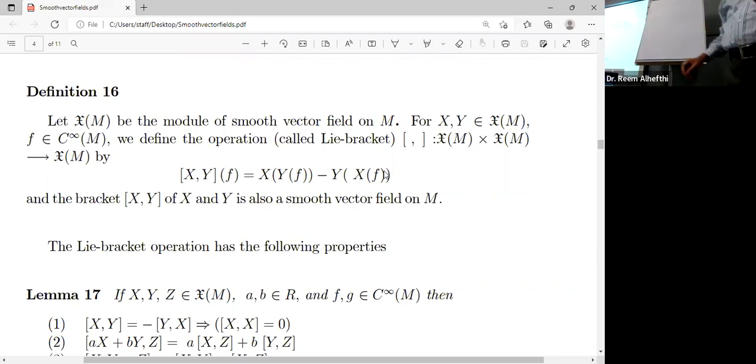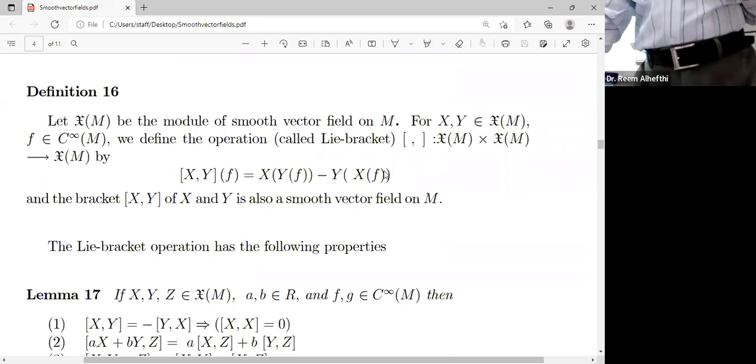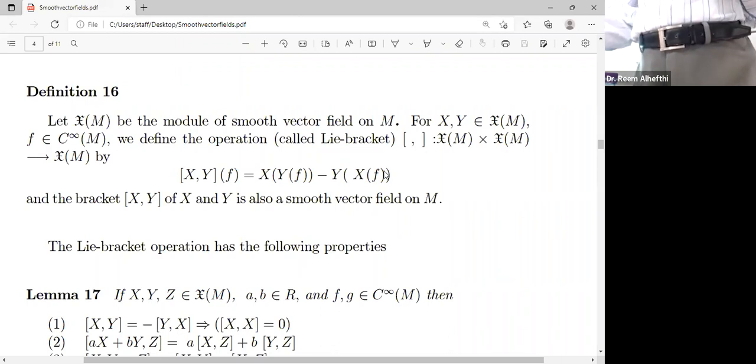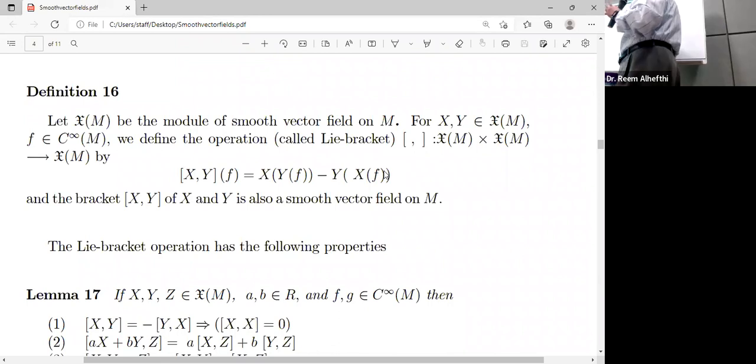All right, anyway, now here we are. Now we are going to define one more operation on X(M), the set of vector fields.